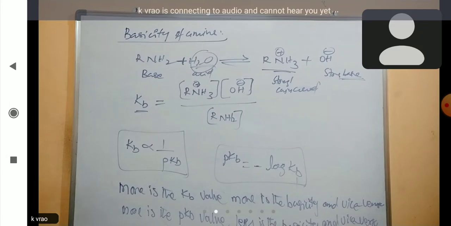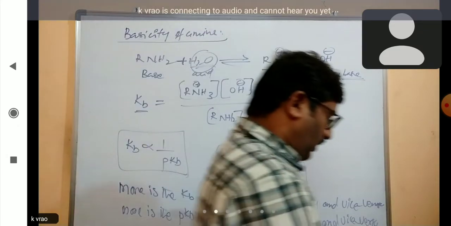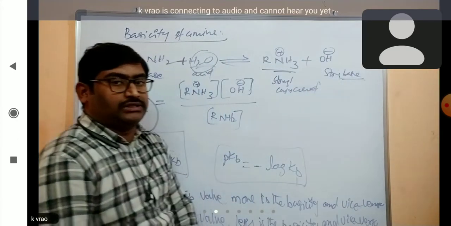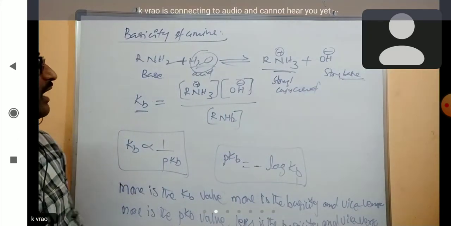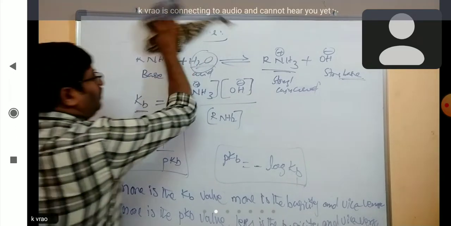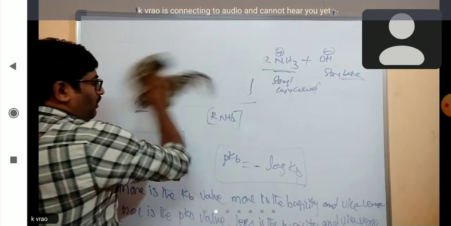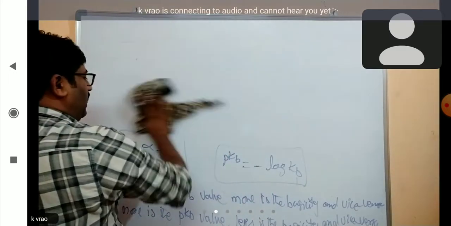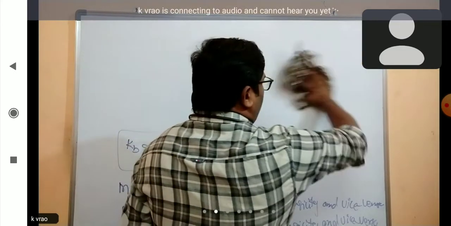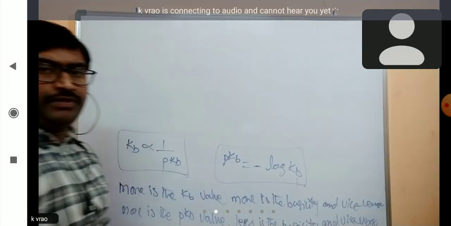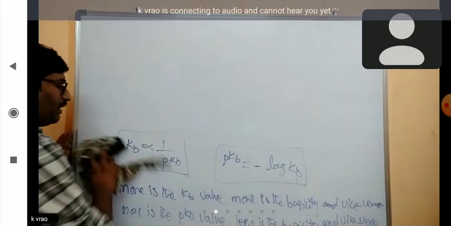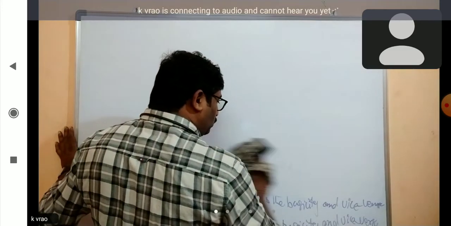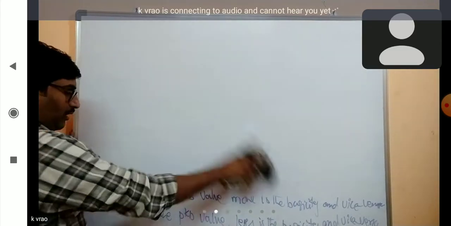Basicity of amines and their order in the gas phase and in polar solvents. In the gas phase, 3 is greater than 2 is greater than 1 is greater than ammonia. In polar solvents, in aqueous solution, if R is equal to methyl group, then the order is secondary is greater than primary is greater than tertiary is greater than ammonia, that is 2 1 3 is greater than ammonia.